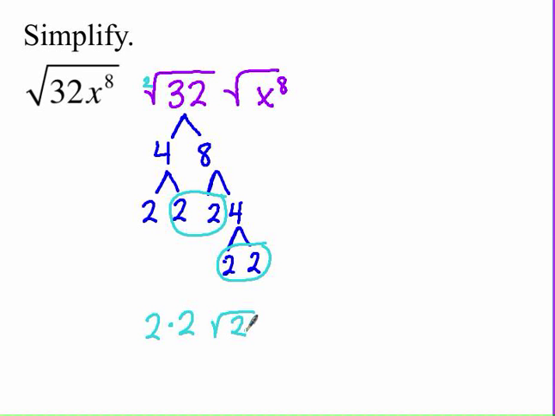It doesn't go out. Now x to the 8th. The square root of x to the 8th is x to the 4th, and where will that go? Outside. So my final answer will be 2 times 2, which is 4, x to the 4th, root 2. Questions?